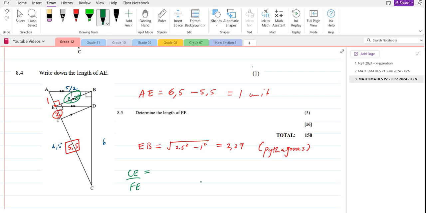CE over FE is equal to CB over BD. Prop theorem, because FD is parallel to EB.